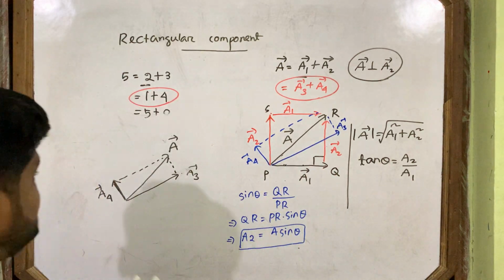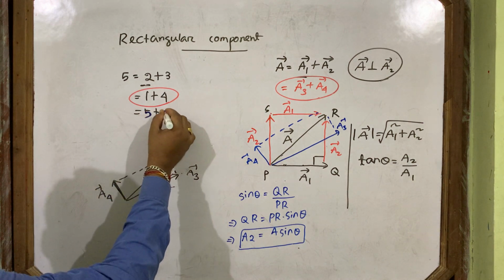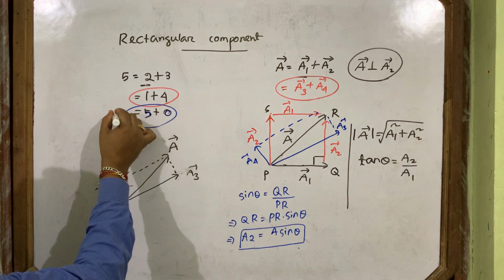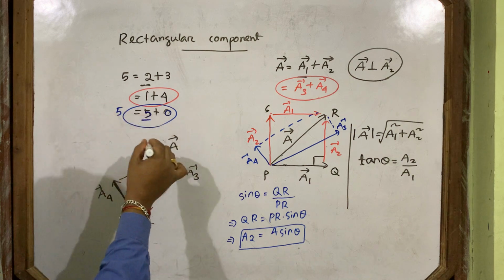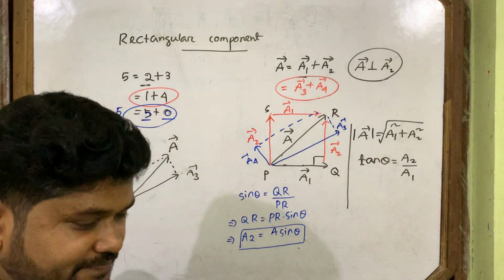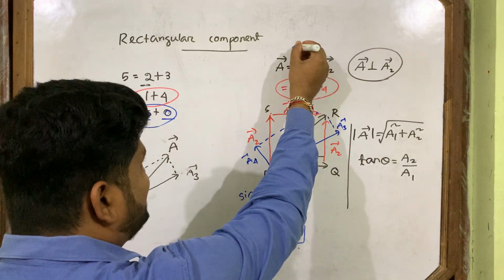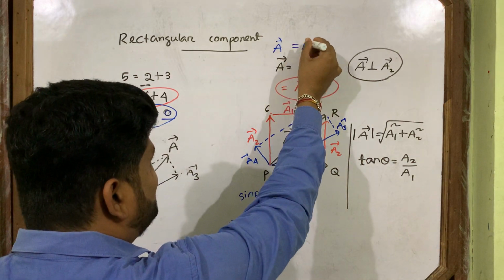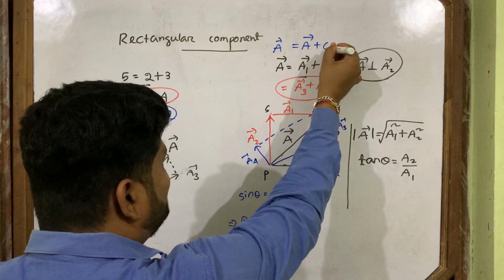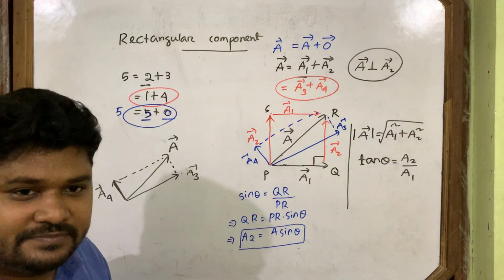Now you come to this one. This is important also. This is 5, this is 0. When you choose one component as 5, the other component becomes 0. Similarly, we can divide a vector into one component A, and then the other component will be a null vector.